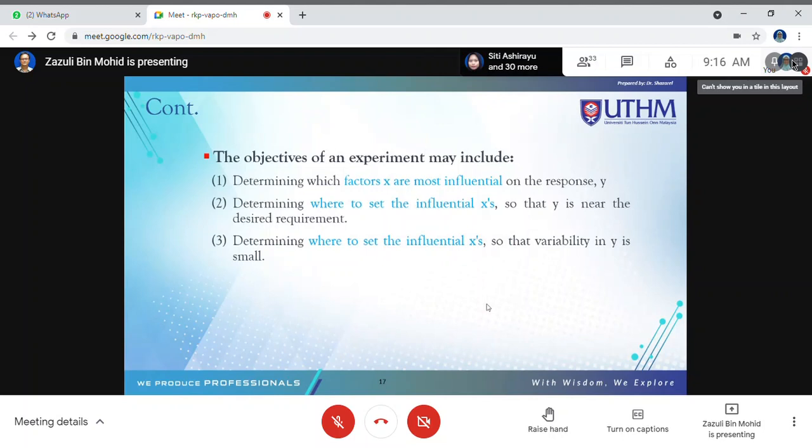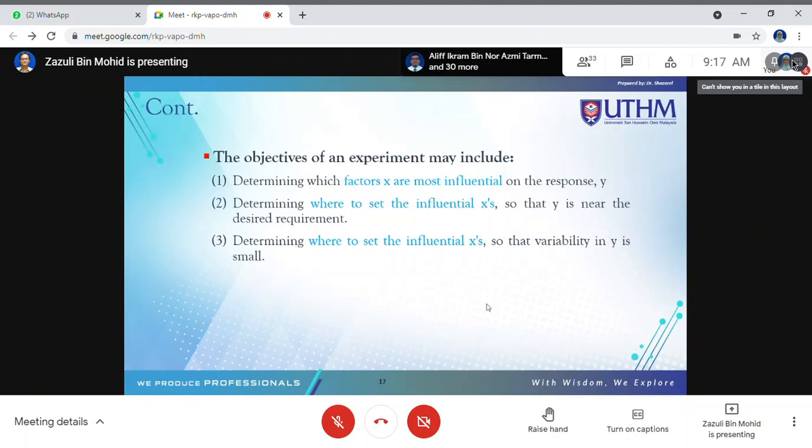Another objective of conducting an experiment using DOE is determining which factors are most influential, and determining where to set the influential factors, so that the variability of Y is small or Y is near the desired requirement.